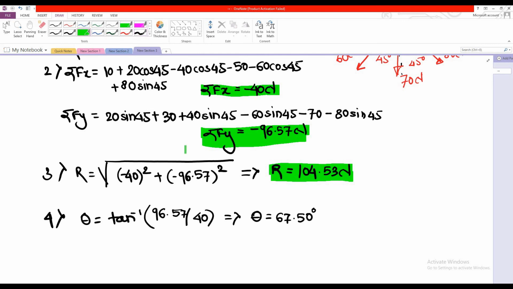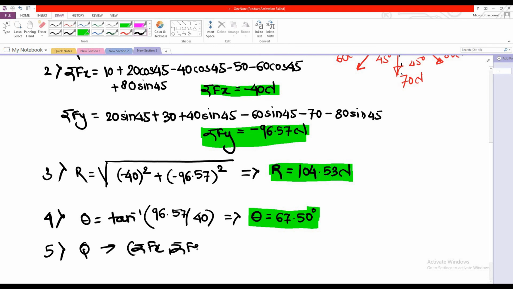Okay, keep it highlighted. Then regarding quadrant, what do we have? Summation fx comma summation fy, and we know summation fx was minus, summation fy was minus, thereby we are having third quadrant as the quadrantal position of our resultant. Let's keep it highlighted again.